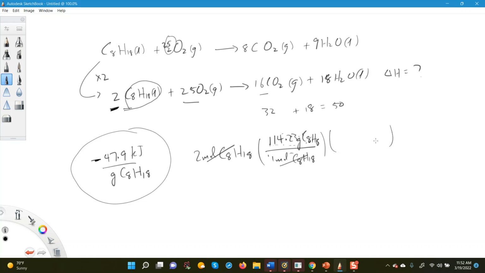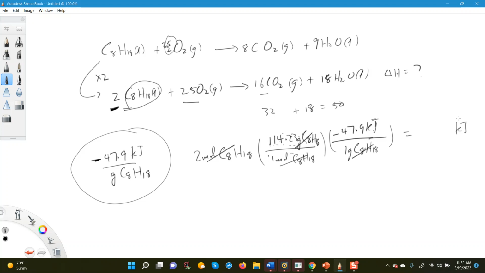And then here now is where this relationship comes in, where we're going to put minus 47.9 kilojoules above as the numerator, and 1 gram of octane, C8H18, down here as the denominator, right? And then that's it, pretty much, in terms of the setup, because this is going to cancel with this. So the only unit remaining would be kilojoules.